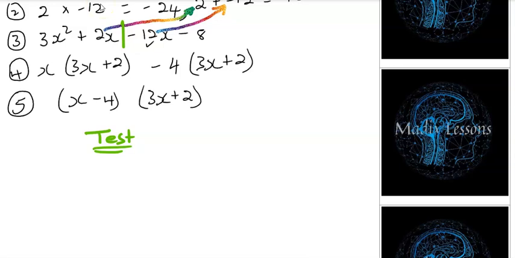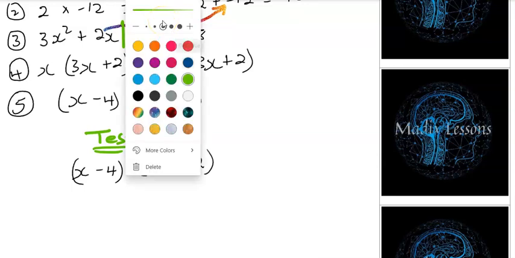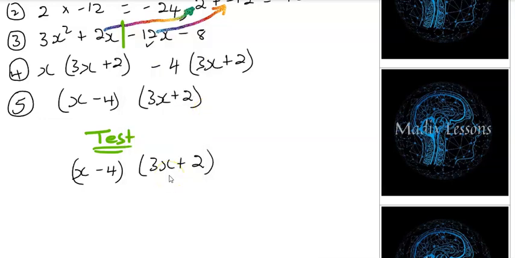So let's write that back. This is x minus 4 and 3x plus 2. We're going to use red. The first thing we're going to do is multiply x times 3x, and that gives us 3x squared.